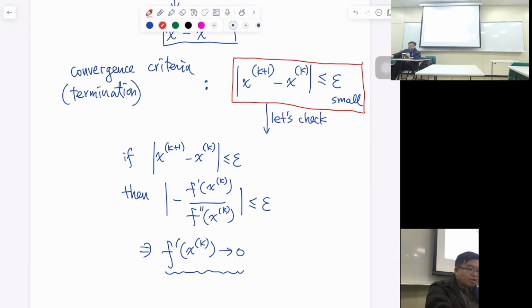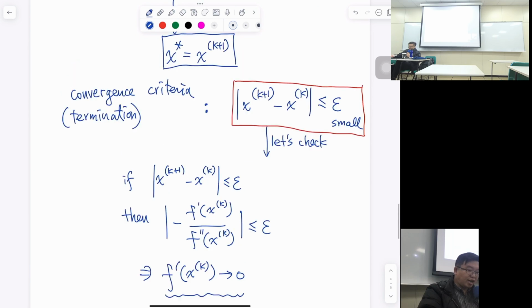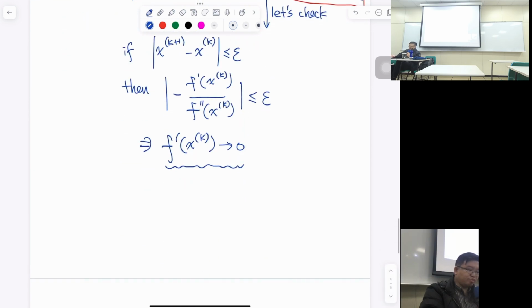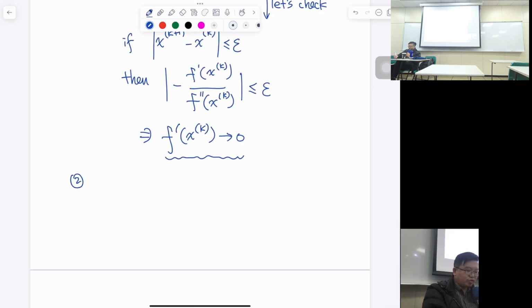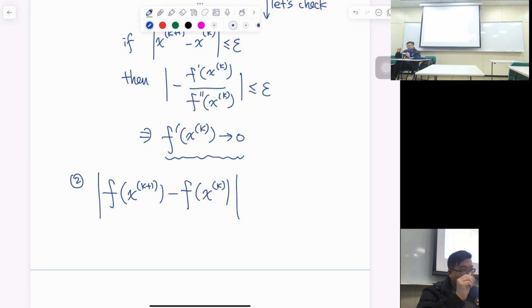Okay? There could be some other criteria that you use. So another kind, let me just call this criteria 1, criteria 2. You can check the function value. You can check whether the function value has improved, has reached a converged situation.